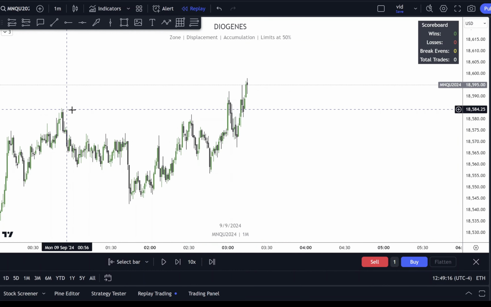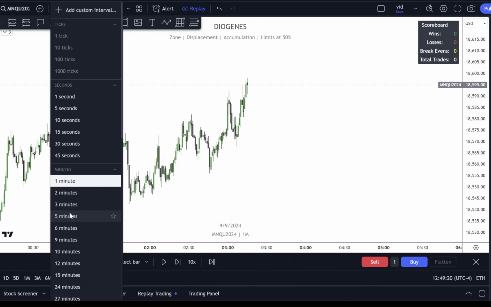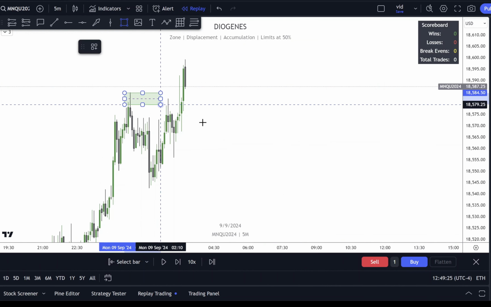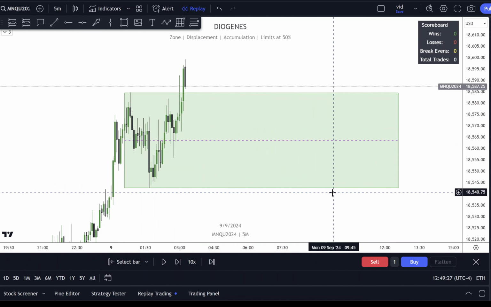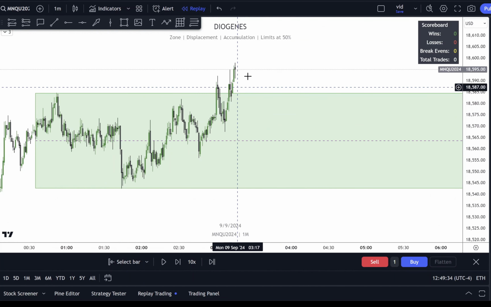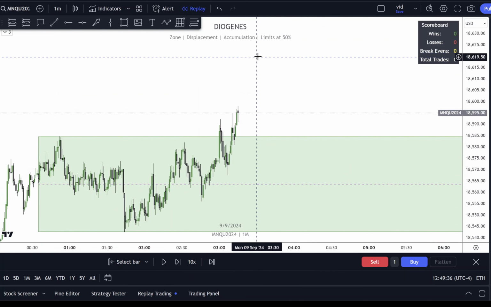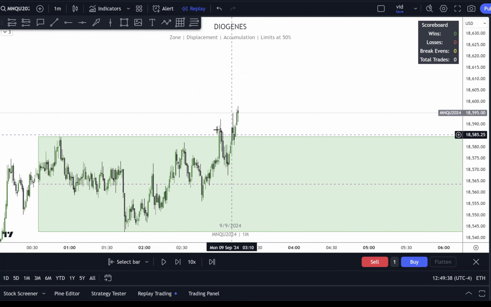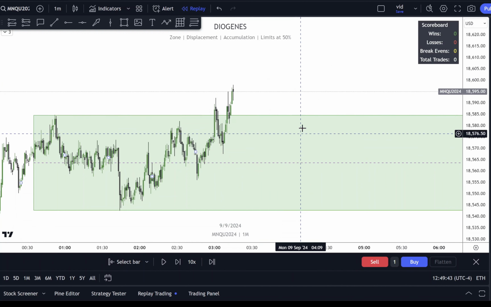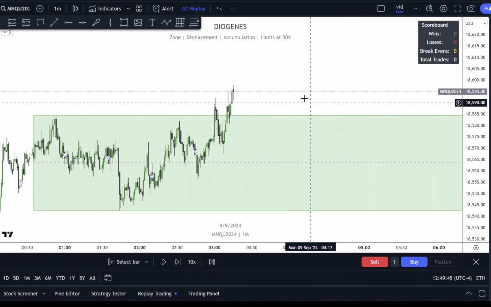Now that we close above this higher time frame high, we created now this beautiful M5 zone. So now we need more information, whether we are displacing above the zone and keep respecting bullish structure, or we will accumulate, flip back to bearish structure, change of order flow.